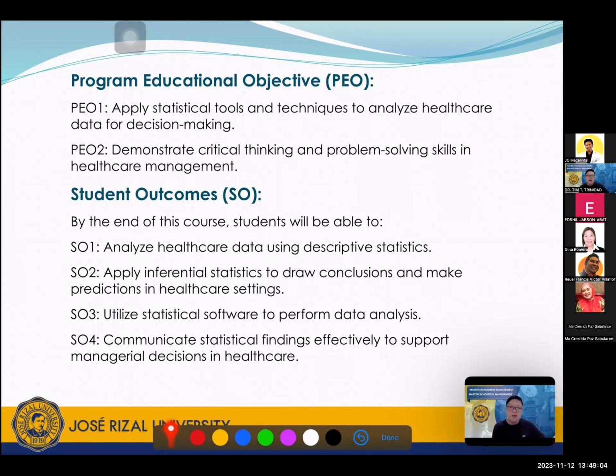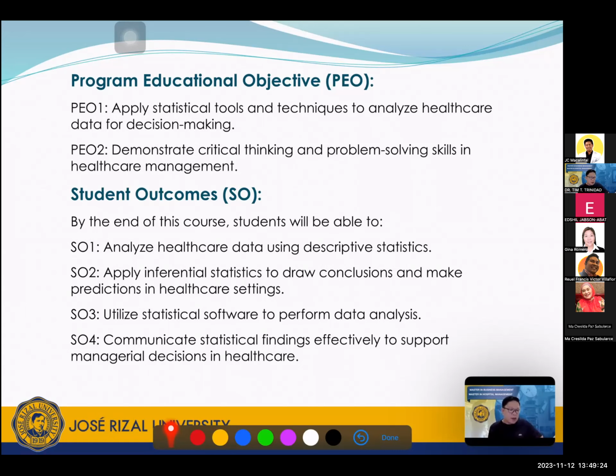Okay, so this is a part of your action research. Hanggang dito. Pero again, your action research, by virtue of its being a descriptive design, pwede nyo pa rin naman siyang i-move on into inferential statistics.